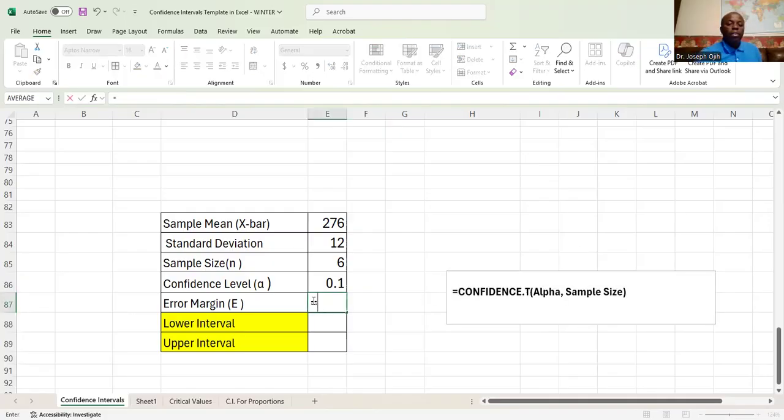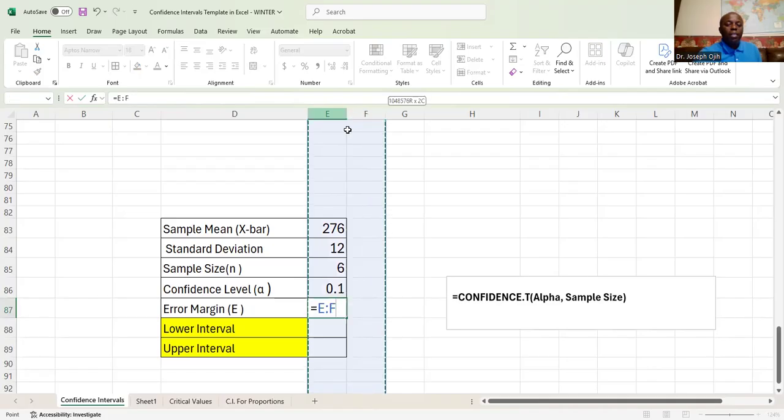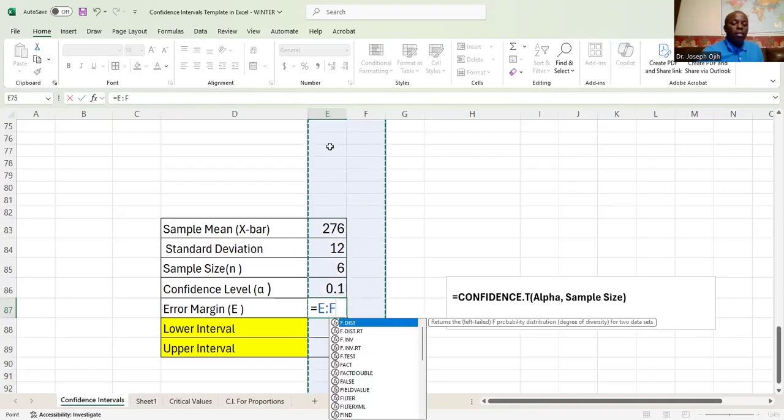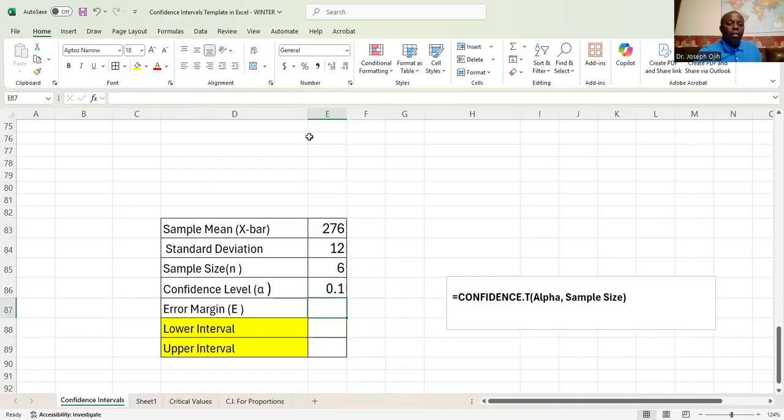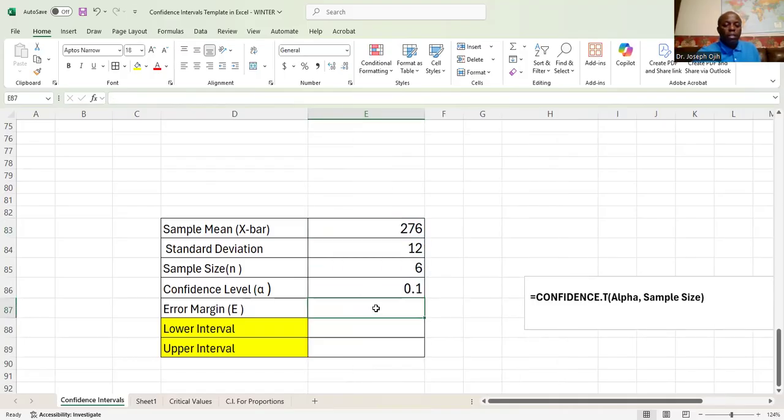Equal, you know what? I'm going to expand this one. Let me extend this so we can have enough room for this formula. Okay, good, excellent.